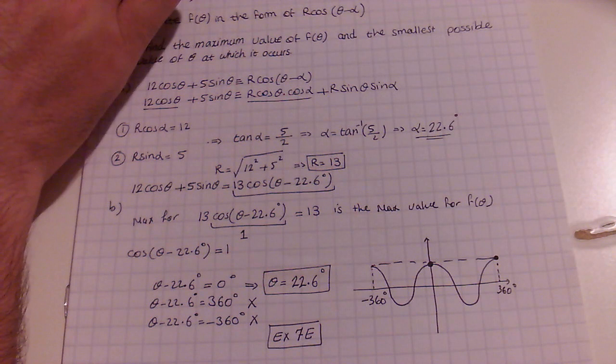However, we are required to find the smallest value. So the smallest value would be 0. So I cross these two out. I don't need to continue any further. And add 22.6 to both sides. You get theta equal to 22.6.